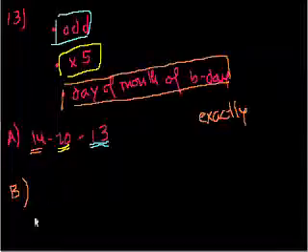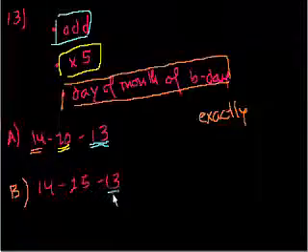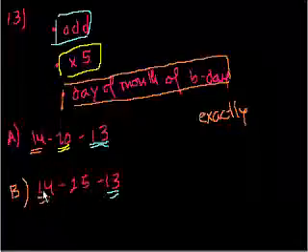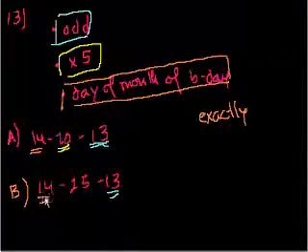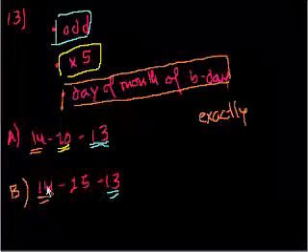Choice B is 14, 25, and 13. Once again, 13 satisfies the odd criterion. We'll assume that his birthday is the 14th. We don't know, they haven't told us, but it could be. That's what they're asking: what could be the combination of the lock?